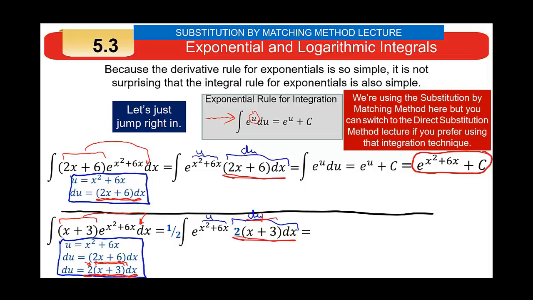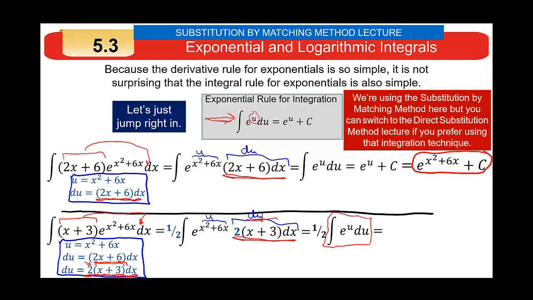I can see now that the 2 times the quantity x plus 3 dx is sitting right there, so I can call that du. And of course, e to the x squared plus 6x is going to become e to the u. Carry out the substitution. Do not forget that the 1/2 just carries along for the time being. And so I'm going to have to get an answer of 1/2 times that integral.